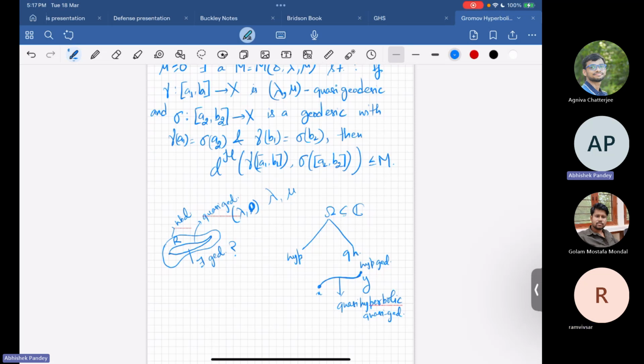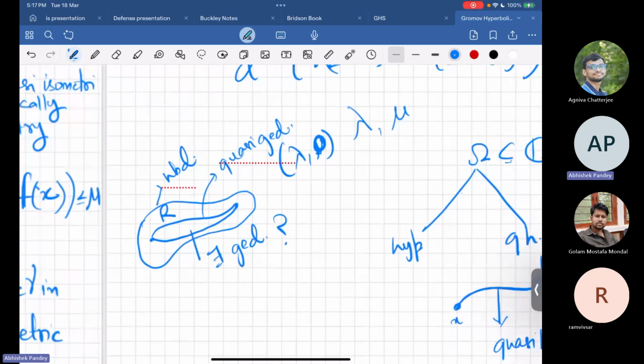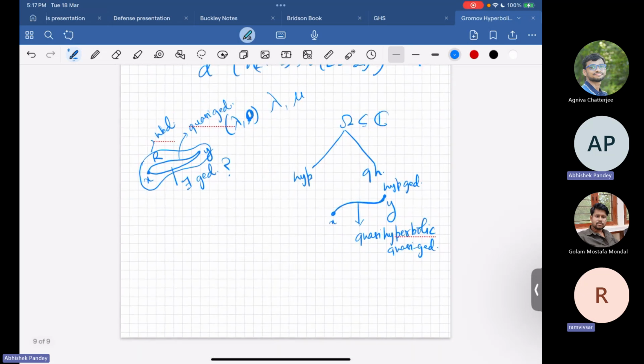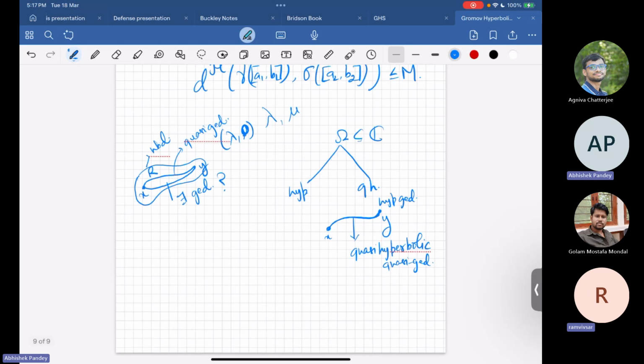I don't really think so. You think it may not be true? I guess this is not true. So I'm just explaining that one. In the Poincaré disk model, you know that the geodesic between any two points is unique.